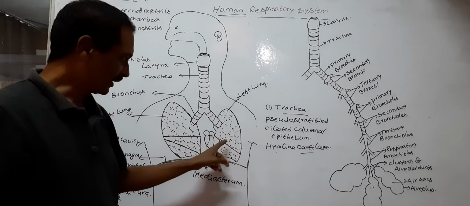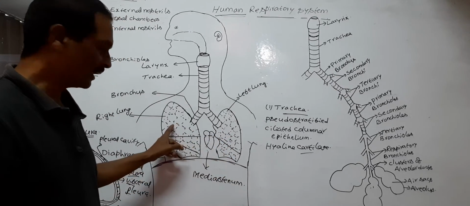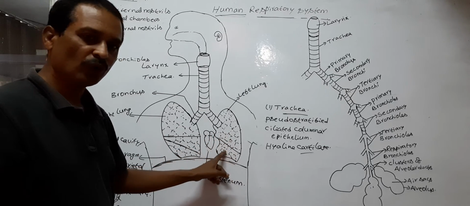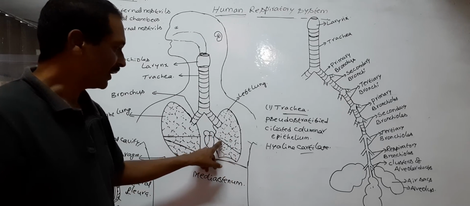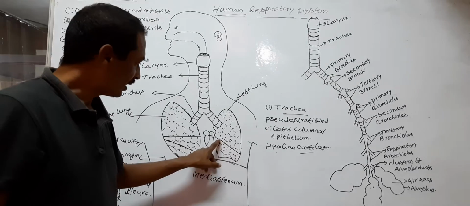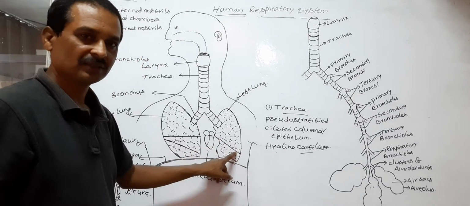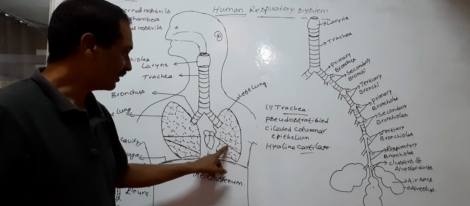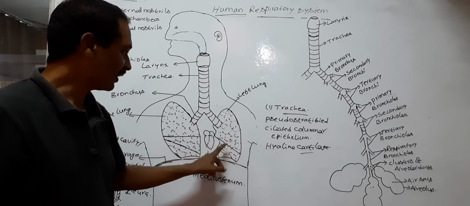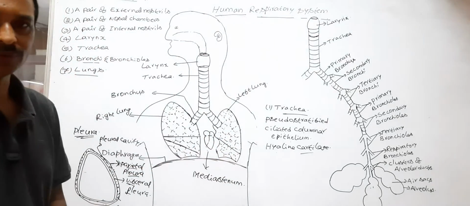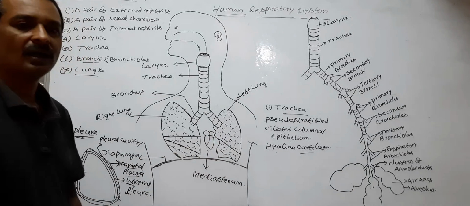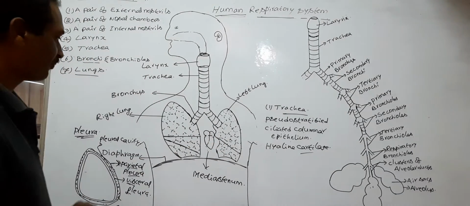Next, the left lung is smaller than the right lung. It is divided into two lobes by an oblique fissure.